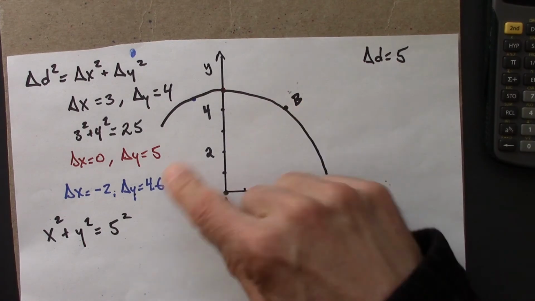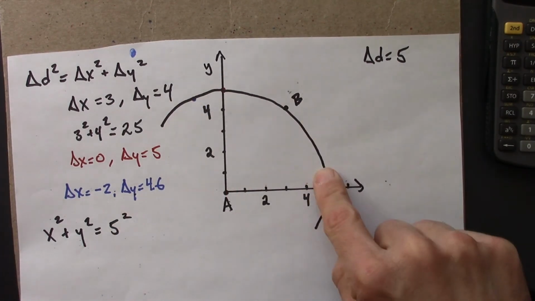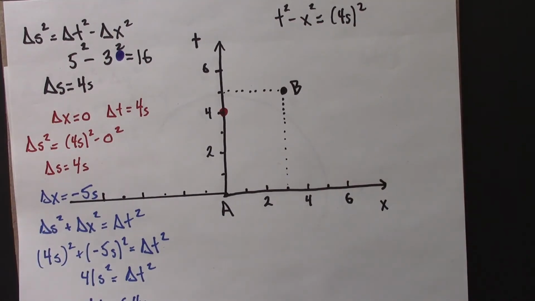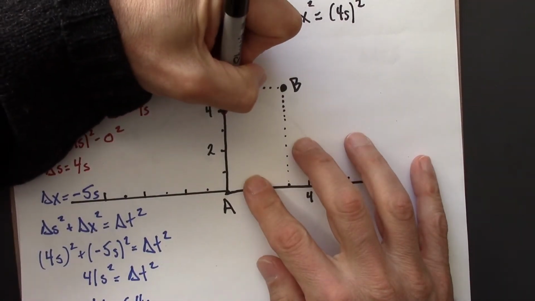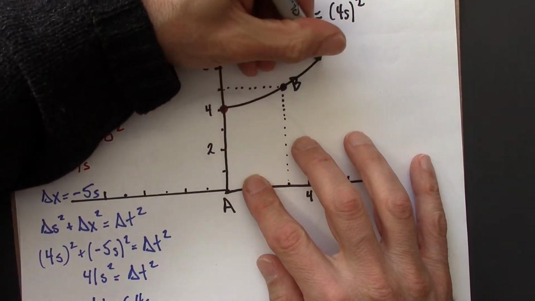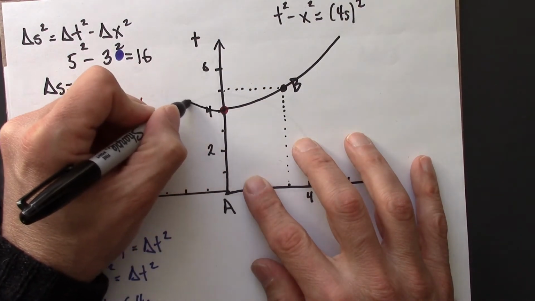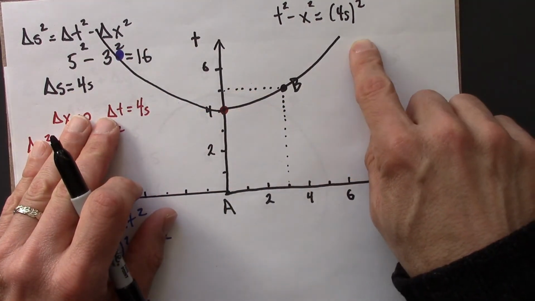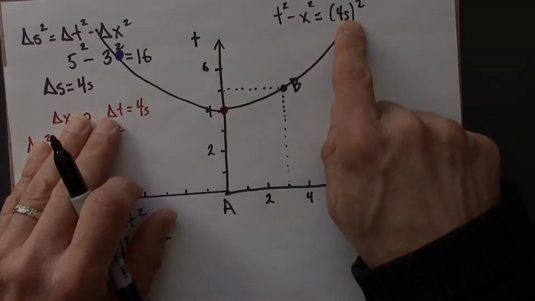We connected the dots, x squared plus y squared is 5 squared, and we got a circle. If you connect the dots here, it turns out that what you get is not a circle, but is a hyperbola. And these are curves that are shaped like this. So all of the points t and x that make this equation true are along this line, the original, the red, the blue, and many, many others.